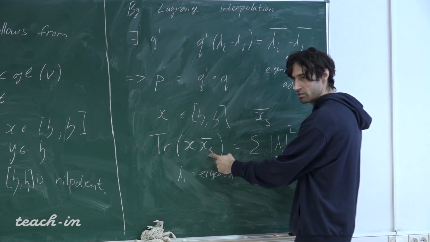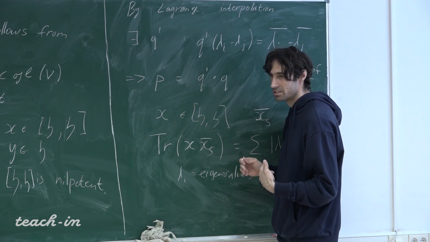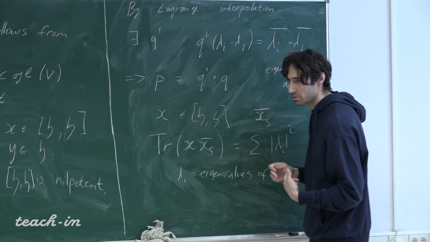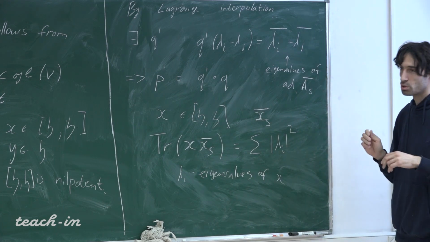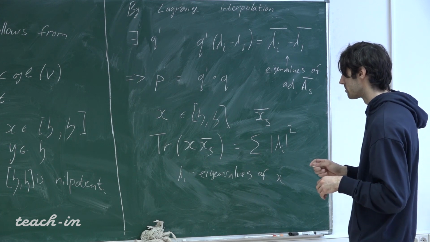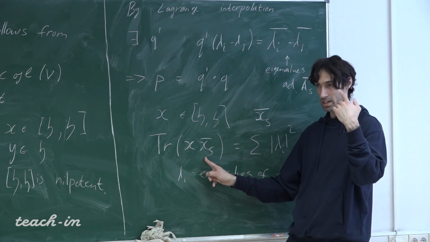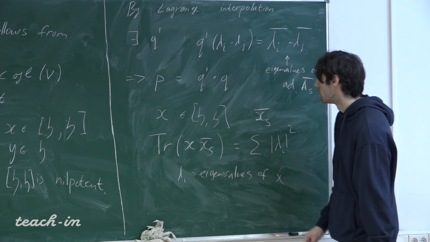I take diagonal. Then I conjugate all entries. Okay, so that's loosely speaking what's happening. So I have eigenvalues lambda here and eigenvalues lambda bar here, so I conjugate them.